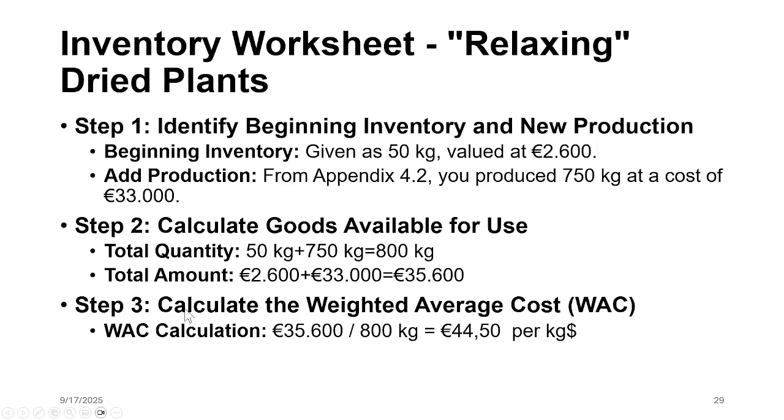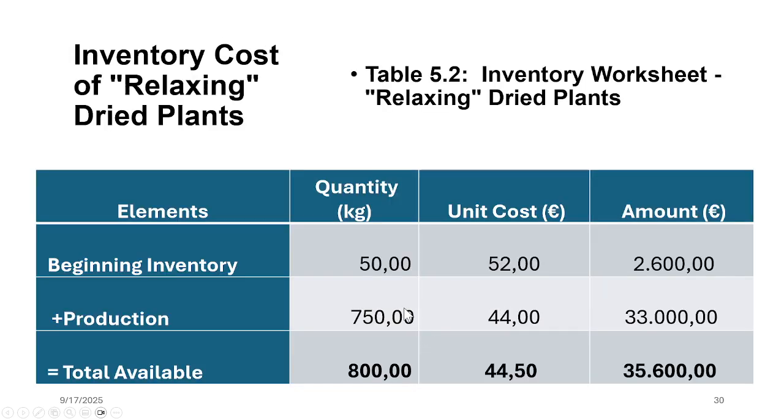And step number 3, you calculate the weighted average cost by the total amount divided by total quantity. So now you can see that the cost of the inventory of the relaxing dry plant will be 44.50 euro per kilogram.